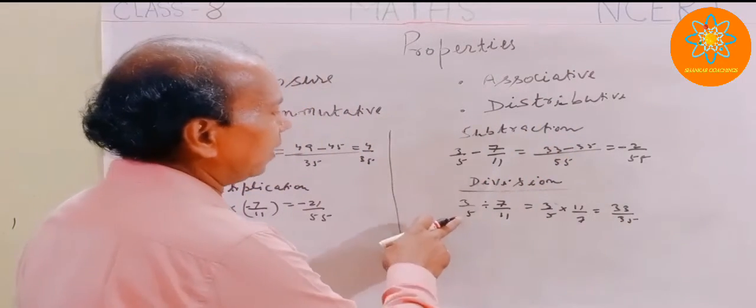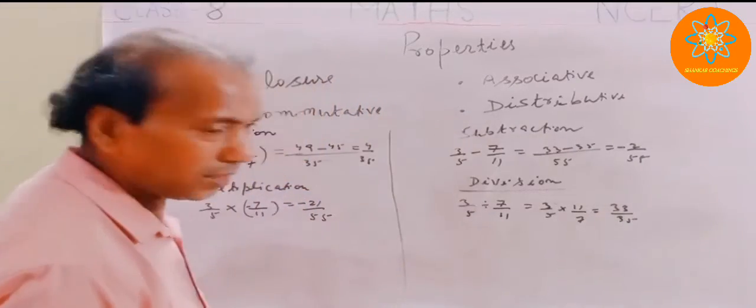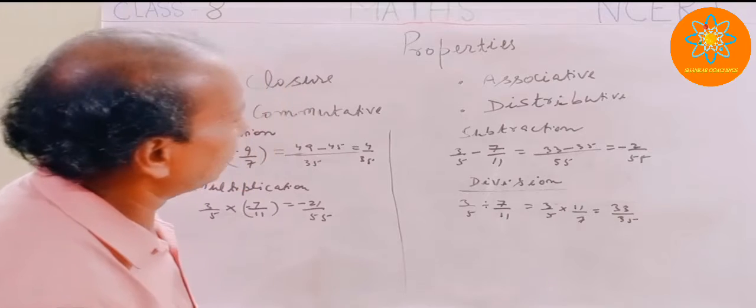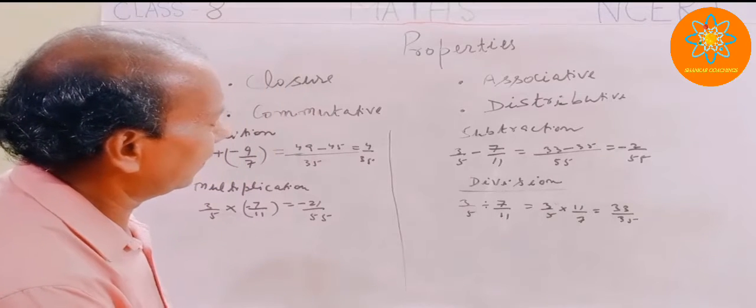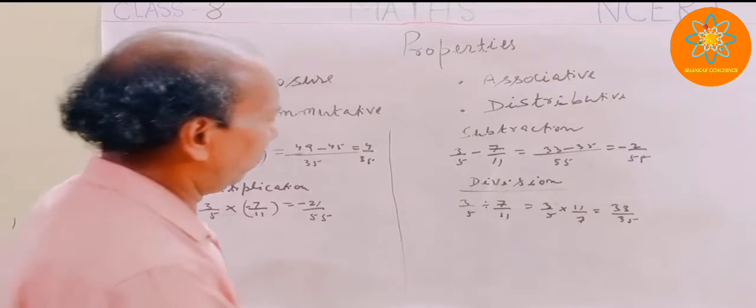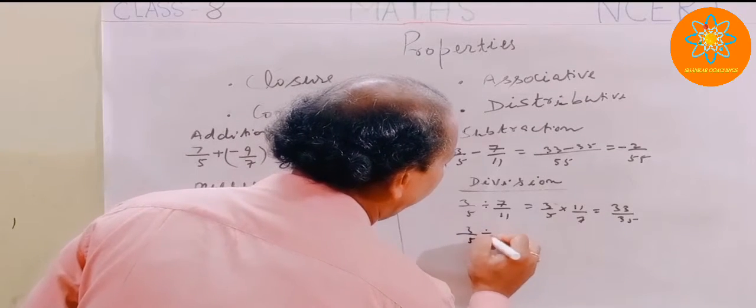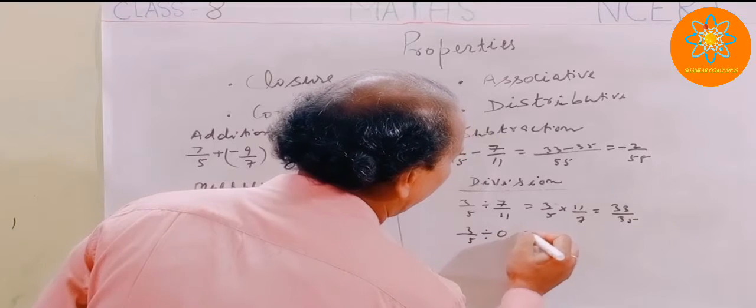Now this is a rational number, this is also a rational number, and this one is also a rational number. But one special case is there in which division is not followed. For example, let's suppose I am writing 3 by 5 divided by 0.